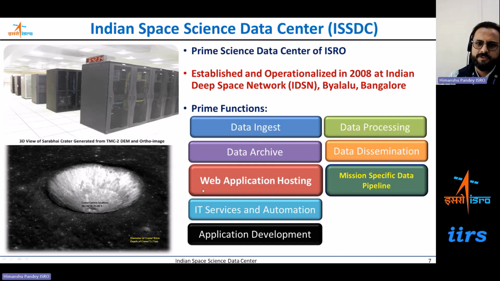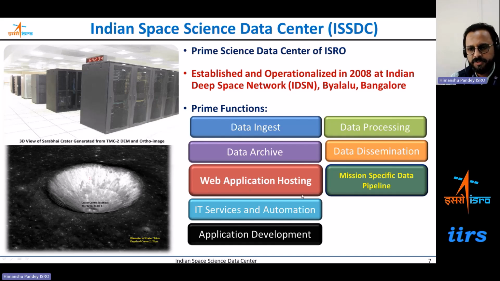So overall, the prime functions, if you see, are data ingestion: the data is downloaded from any of the ground stations, whether in India or outside, and should be ingested into our data center. Then initial level as well as higher level processing at the data center in coordination with the different ISRO centers and other partners, maybe Indian institutes or foreign institutes. Then data archive: maintain the data archive and also disseminate to all the users like you.